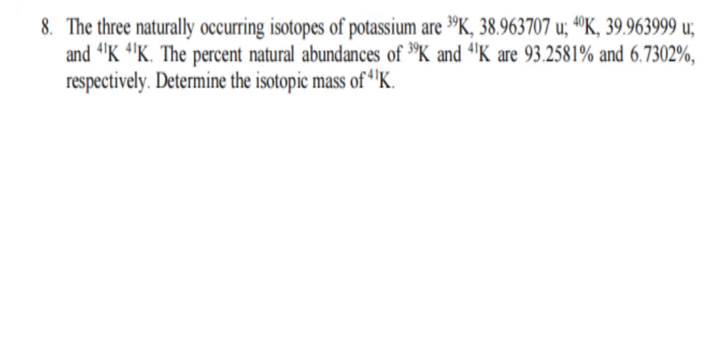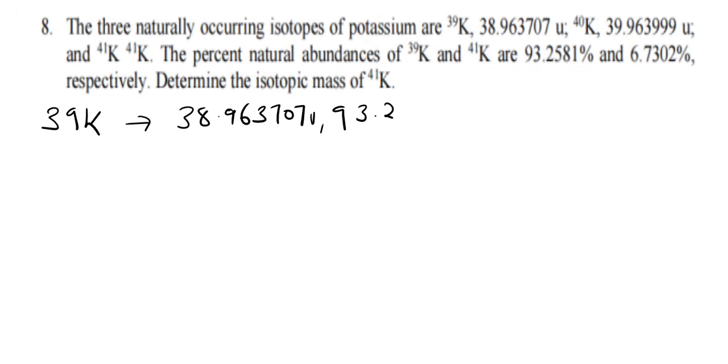Okay, so here what do we now do? Let's look at the isotopes that we have. We've got potassium 39. I'm just going to write it as 39K. The mass that we've been given for 39 is 38.963707 units. The abundance is 93.2581%.